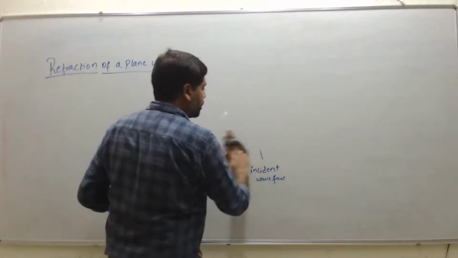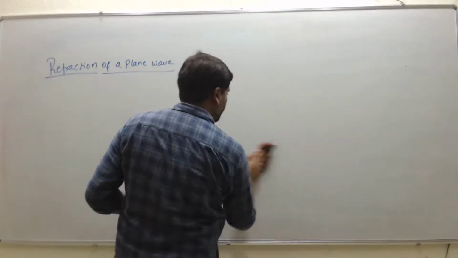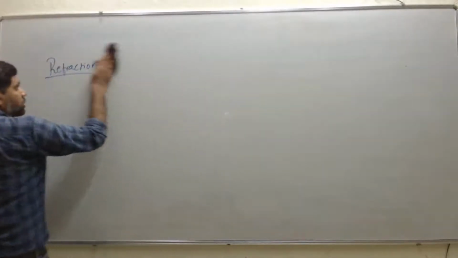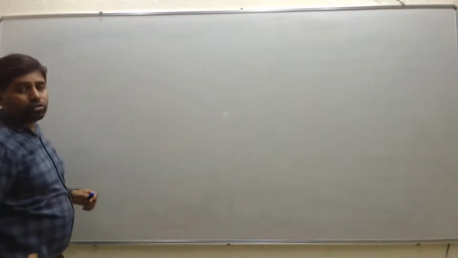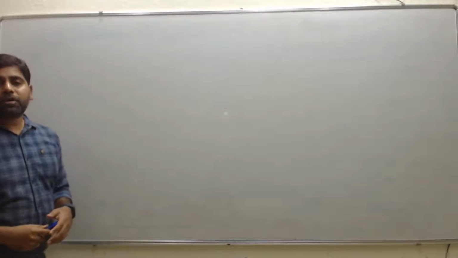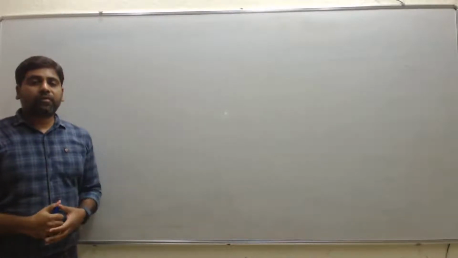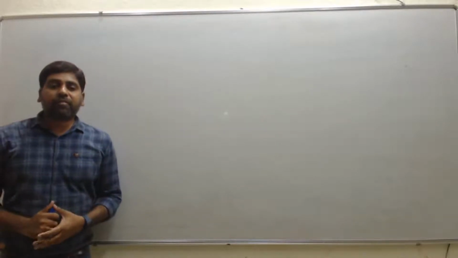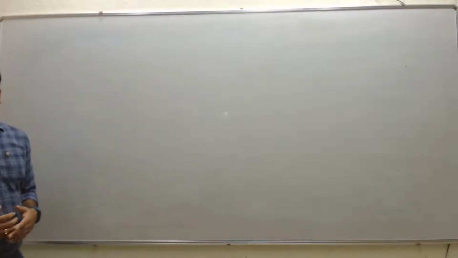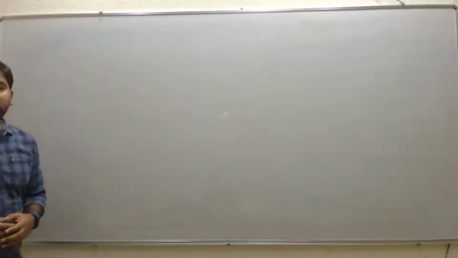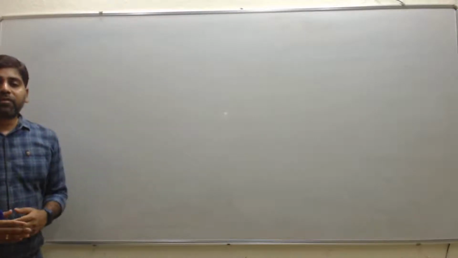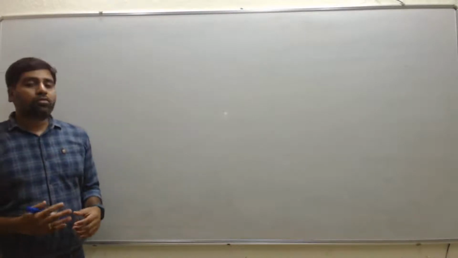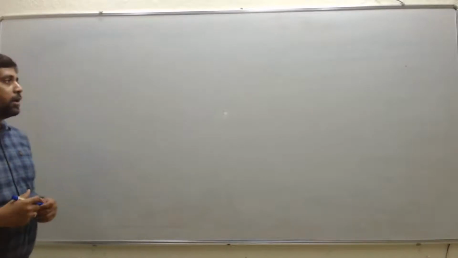The statement of the Doppler effect: whenever there is a relative motion between the source of light and the observer, then frequency and wavelength may appear to change. This phenomenon we call the Doppler effect. That is, it appears to change its frequency and also the wavelength.